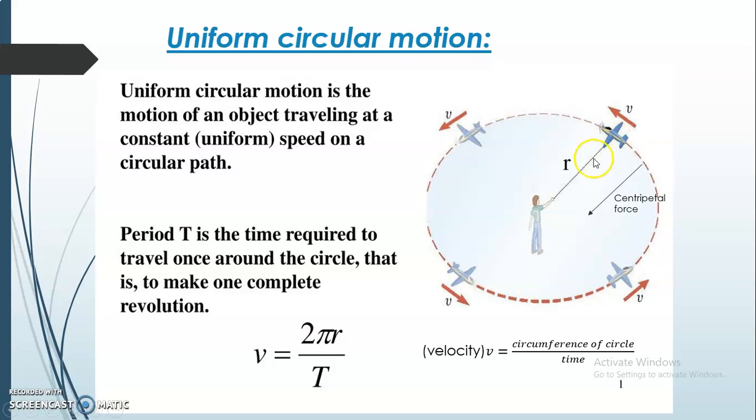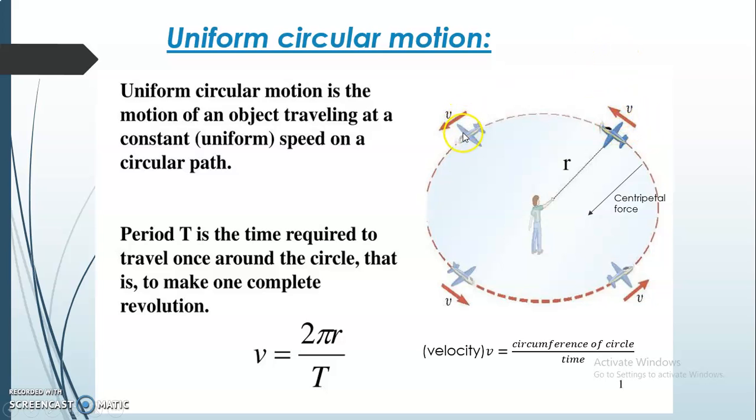Now what will happen if you stop revolving it and you let go of the thread over here? The plane will try to go out of this circular path. At any point of time, if you leave the thread from the hand, from the center, it will go in the outward direction with the velocity v with which it was moving.